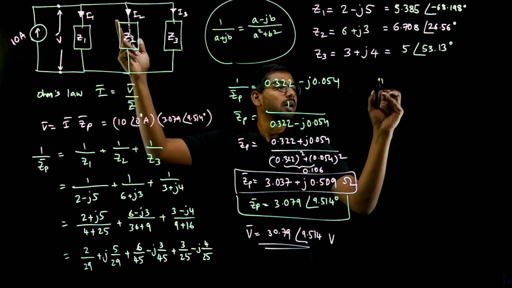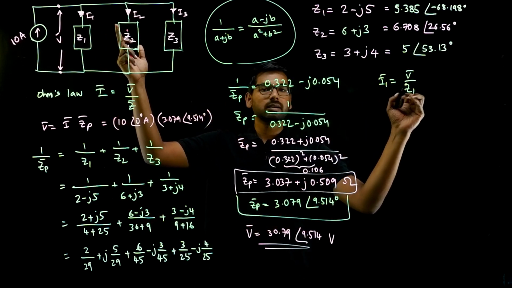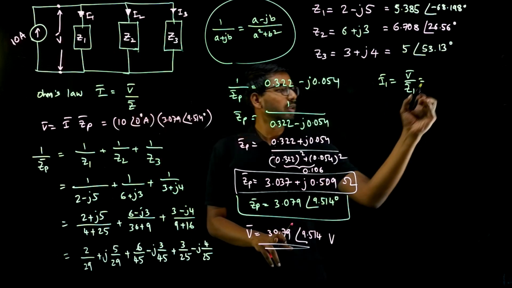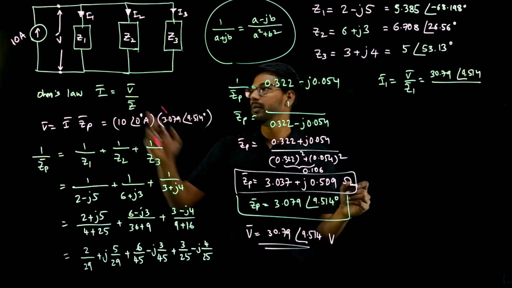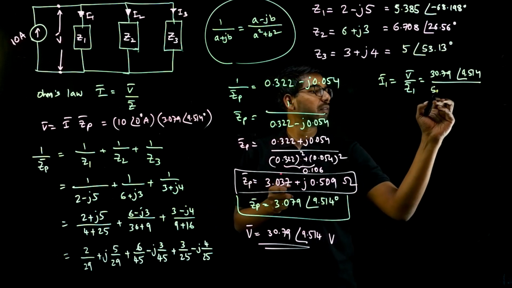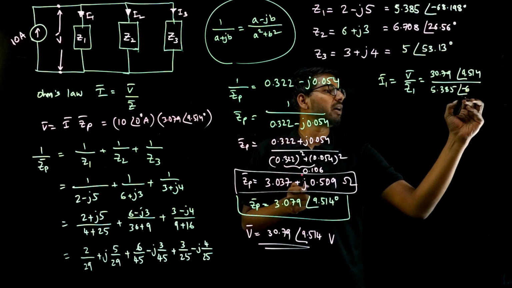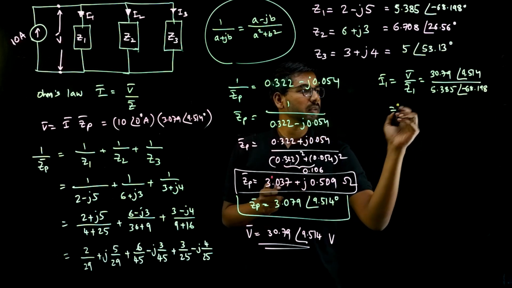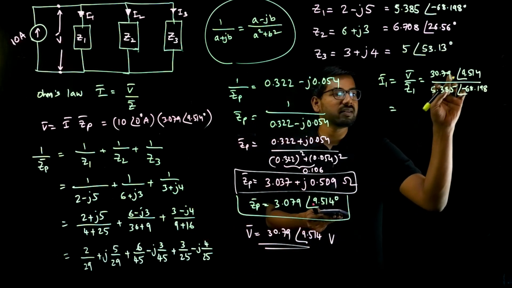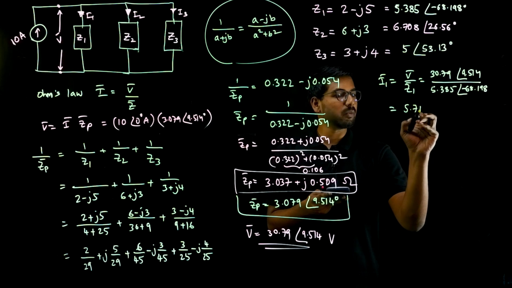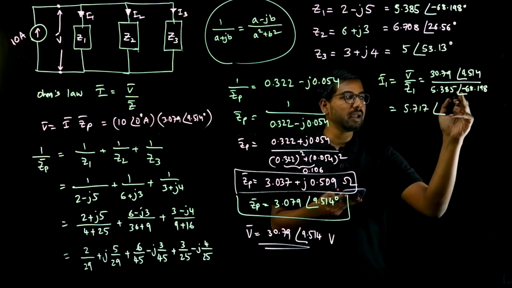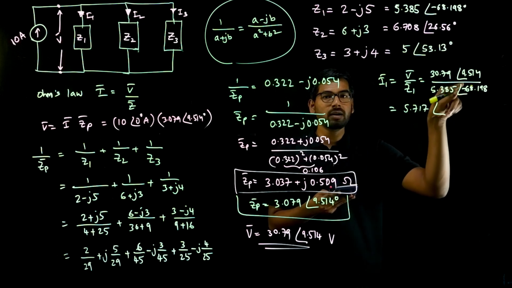What will be I1? I1 bar is V bar by Z1. V bar is 30.79 at an angle of 9.514 divided by Z1 bar, which is 5.385 at an angle of minus 68.198. So how do you do this? You take a calculator. 30.79 by 5.385 will give us 5.717 at an angle of... When you divide, the angles subtract.